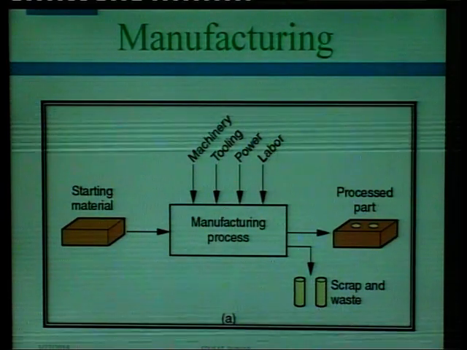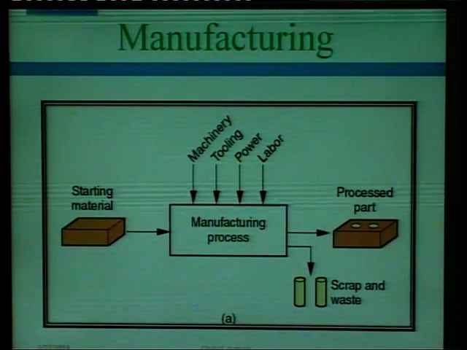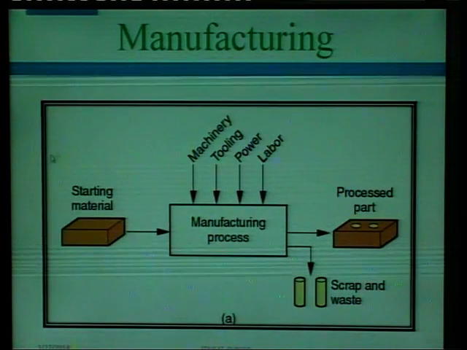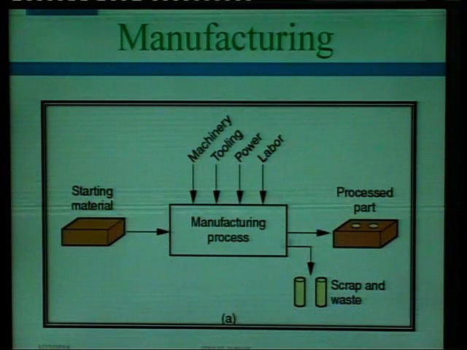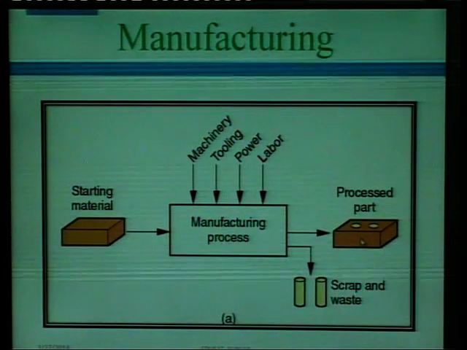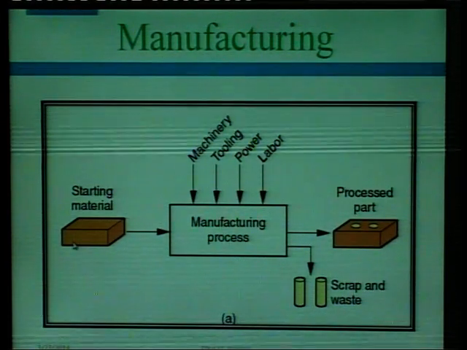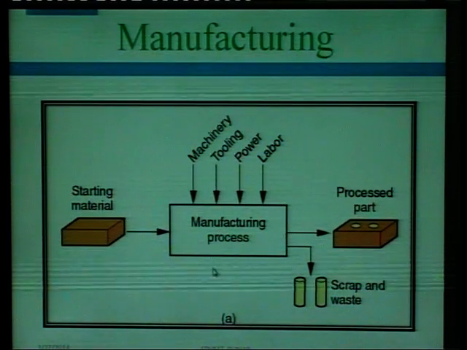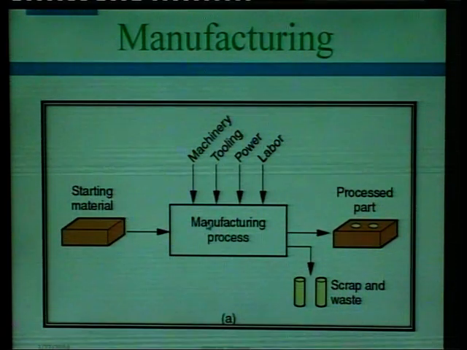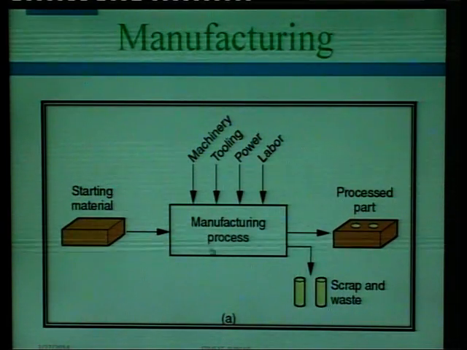So another diagram of manufacturing is this. We have the starting material on this side. Starting material means the raw material, and this is the manufacturing process, and this is the final product. From this starting material we produce this final product. How? By a number of operations performed on it.